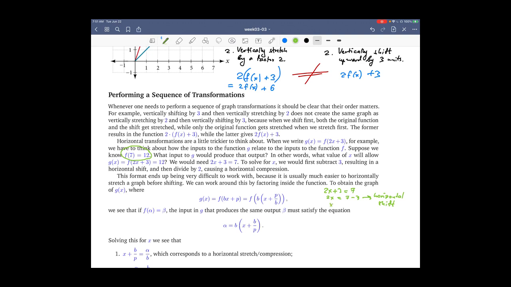And when you divide by 2, that is a horizontal compression or stretching. Depends on how you look at it.